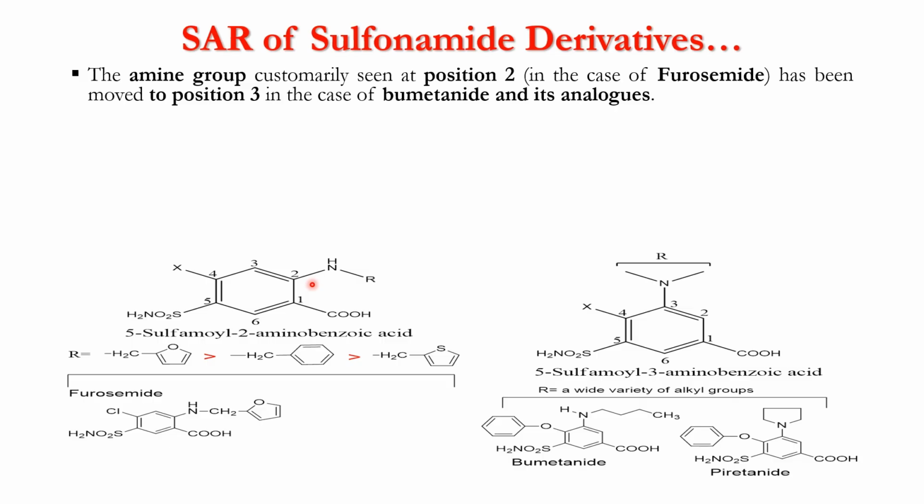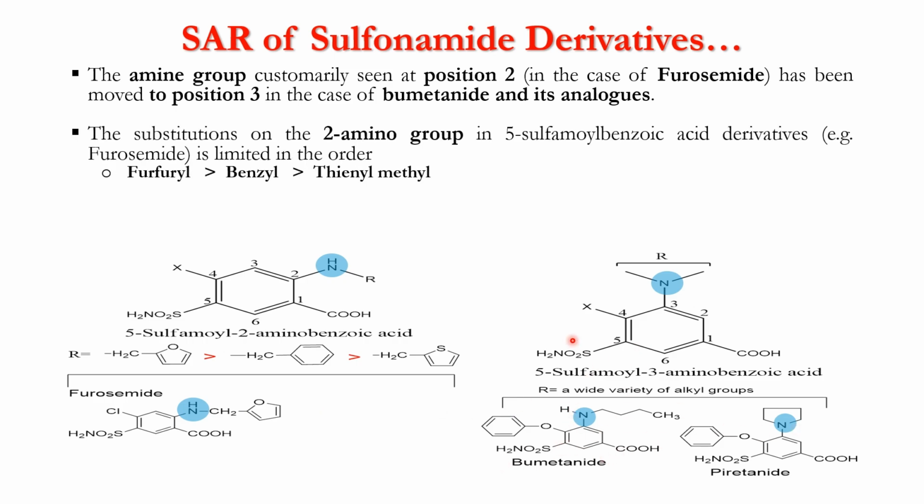So this is the furosemide series or analog. This is the bumetanide series where the amino group is found at position 3. As you have seen, all of the molecules contain it at position 2 in the case of furosemide, and at position 3 in the case of bumetanide.